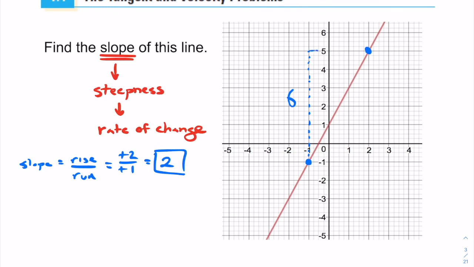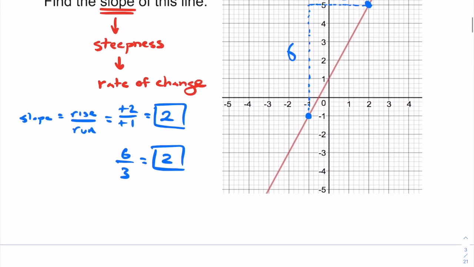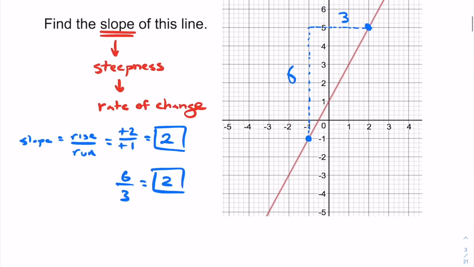But we're running 1, 2, 3 units. Well, what's 6 over 3, right? Notice how we still get the same answer, right? So does it really matter which two data points we pick here? The answer is, for this function, no. You can pick any 2 points you want, as long as you rise and run appropriately, right?